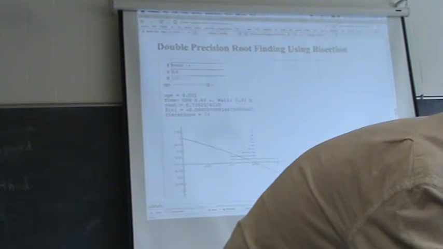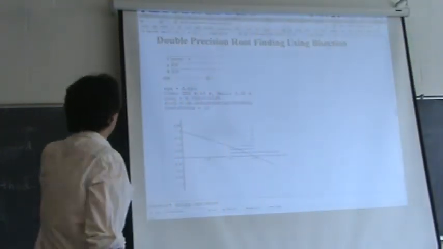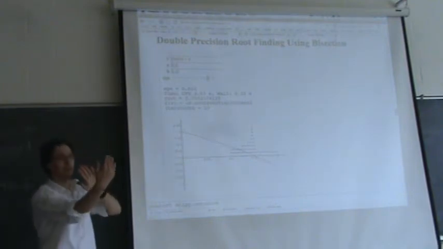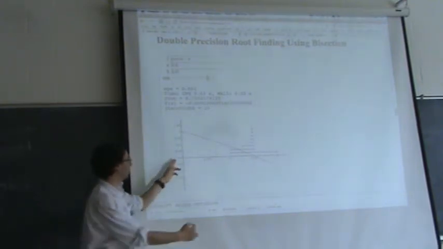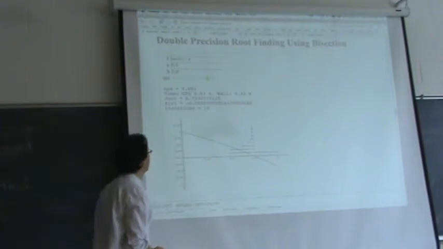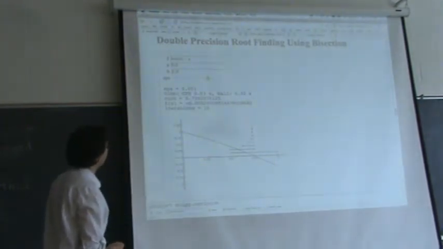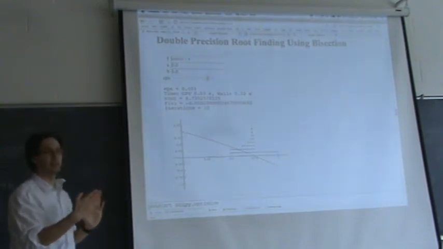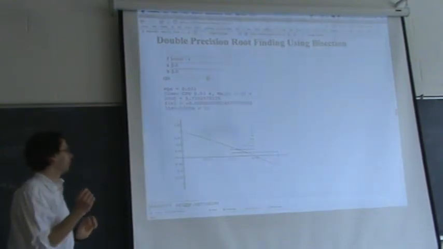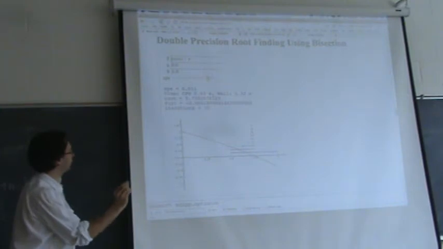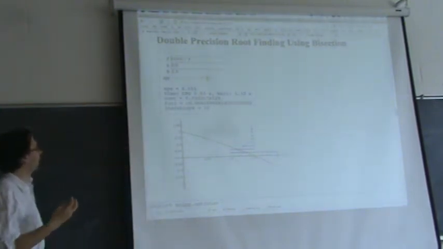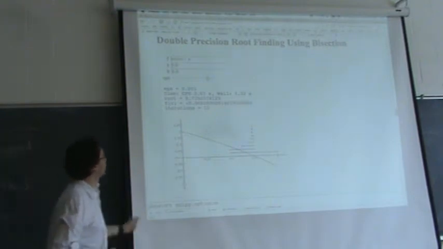So here it is. What you do is you type in a function. I've typed in cosine of x minus x. You type in the left and right endpoints of the interval that you want to work on. I started with 0 to 1. And then you choose an epsilon that's a tolerance. What it's going to do is keep bisecting until it finds an interval where right at the middle of the interval, f evaluated at that root is less than epsilon.